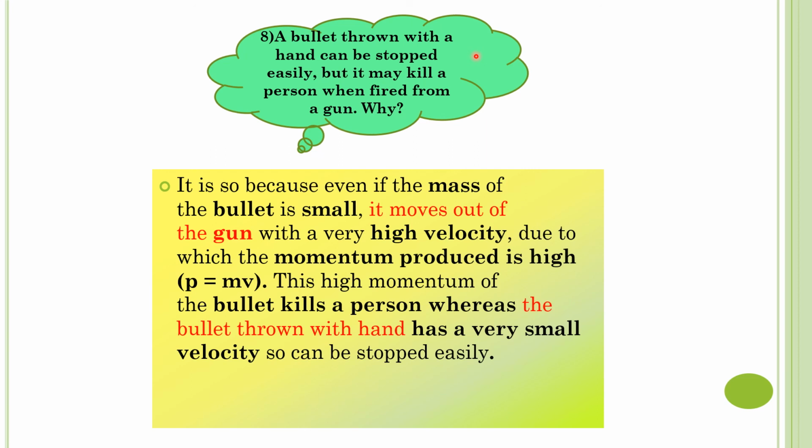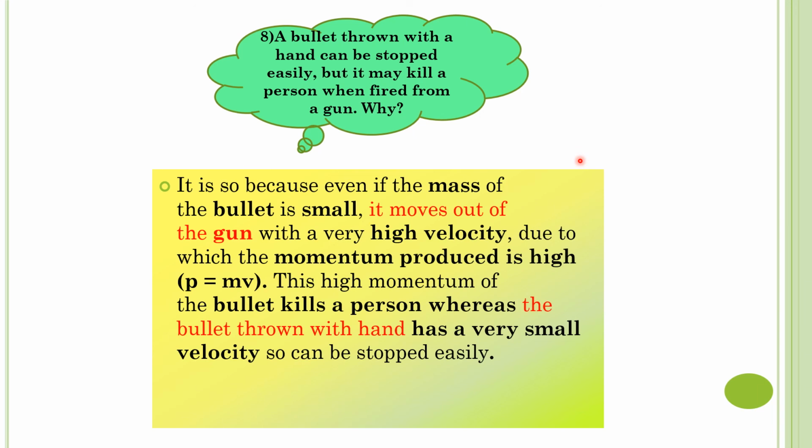Now there are two possibilities. If you throw it with the hand, the person who is standing right in front of you is going to catch it and will not die. Right? Because in both cases, whether it is fired from a gun or thrown with your hand, the mass of the bullet remains the same. So even if the mass of the bullet remains the same, the velocity in both cases is different. When you are throwing with your hand, the velocity is very, very less.